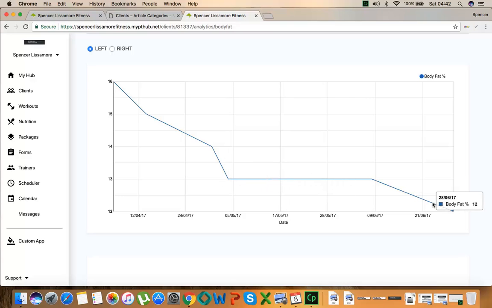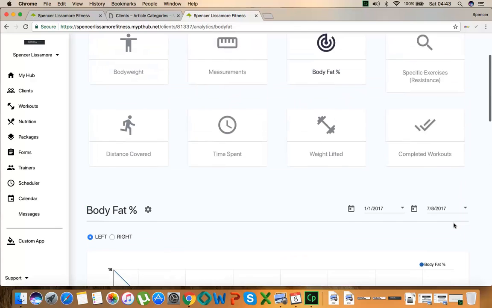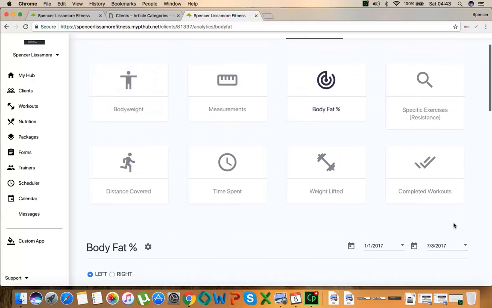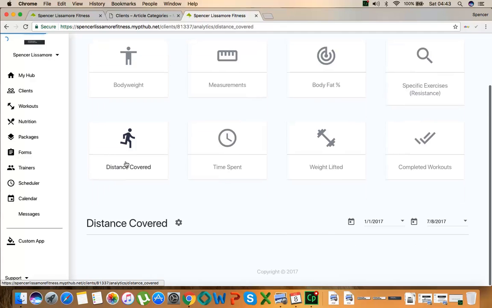But as you can see, he's on the right track, and at this point on the 8th of June, that was actually the point at which we changed his nutrition, and so his body fat then continued to lower. So that's all good as far as I'm concerned, and I know it's all good as far as Bill's concerned.